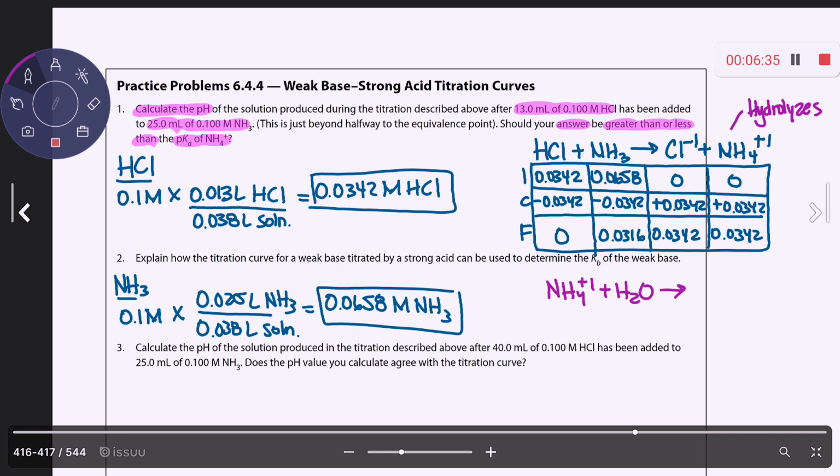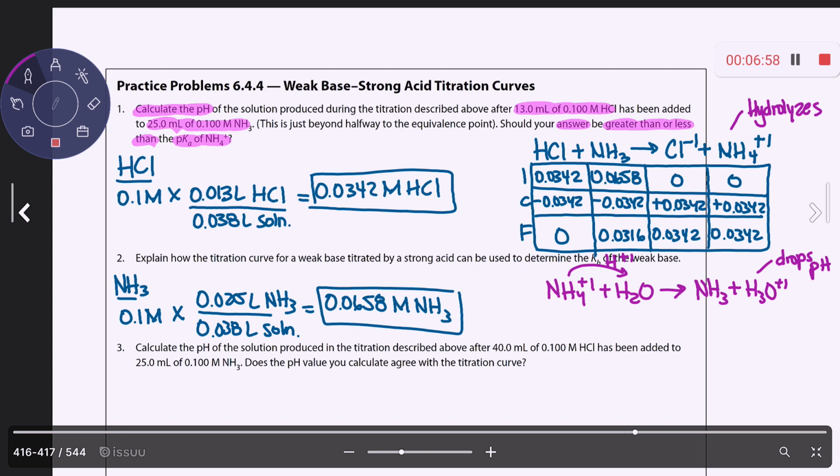So it's going to give up a hydrogen to water. And then that's going to make ammonia and hydronium, and this is what will drop that pH. Does that make sense?